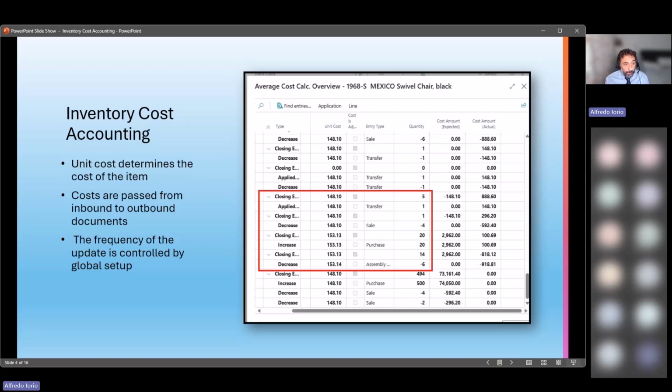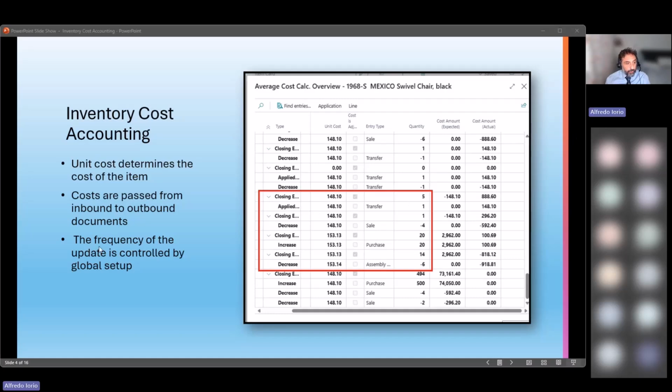The costs are passed from inbound to outbound documents, or in some cases, if you look at Microsoft Learn, sometimes Microsoft refers to this application cost as inventory increase to inventory decrease. And this is because you can see it here on the screen. You have closing entry, applied, increase, and decreased, right?